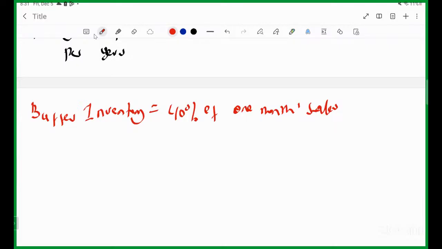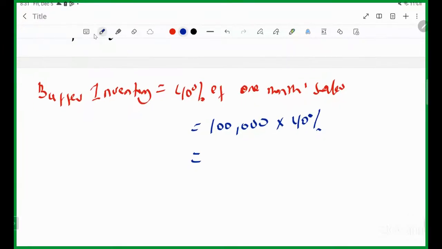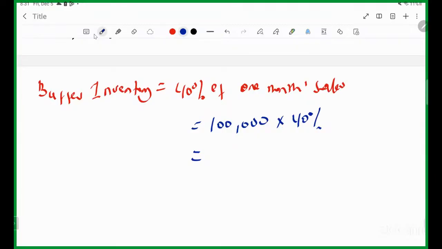So what is one month's sales? 100,000. So times 40%. We have 40,000 birds.